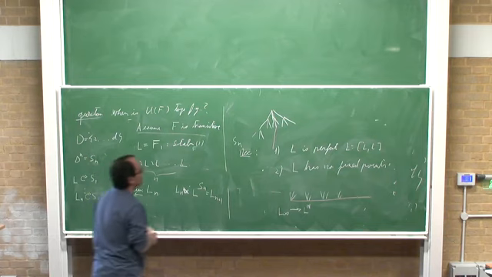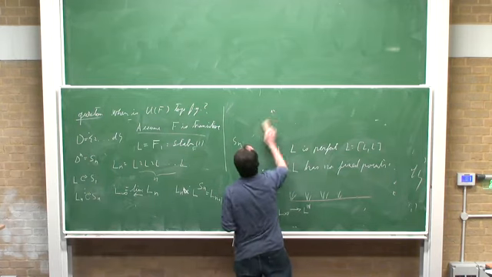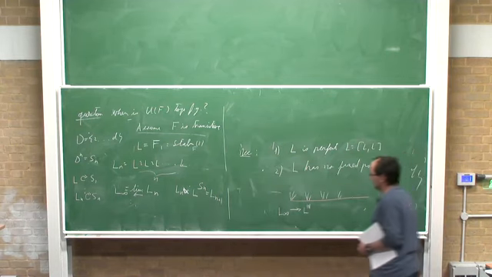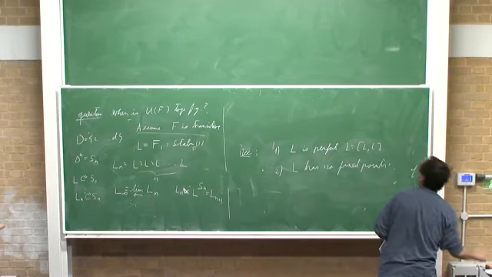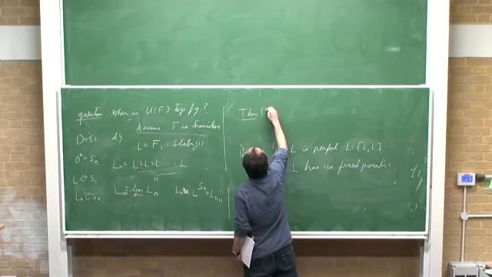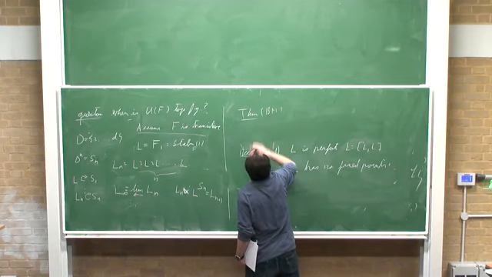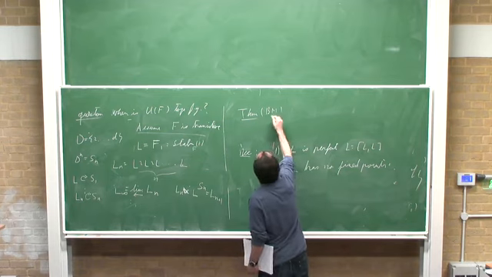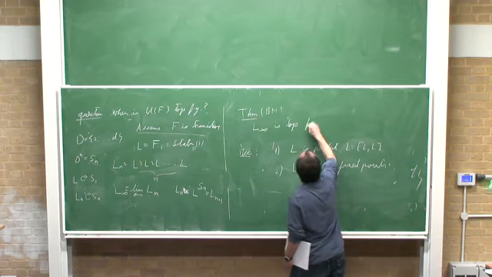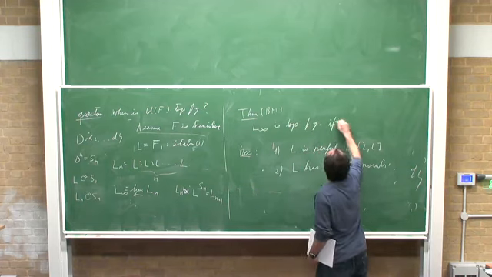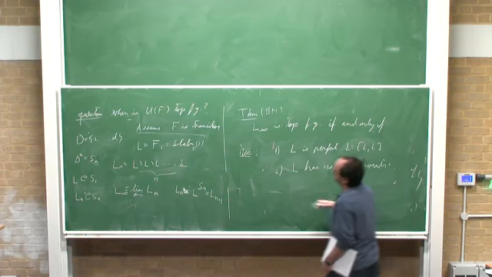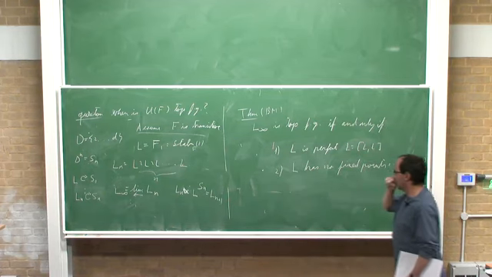Okay, so these are necessary, and what I'm going to describe is good, these are sufficient. The theorem, said Marc Burger, is that L infinity is topologically finitely generated if and only if these two things hold.